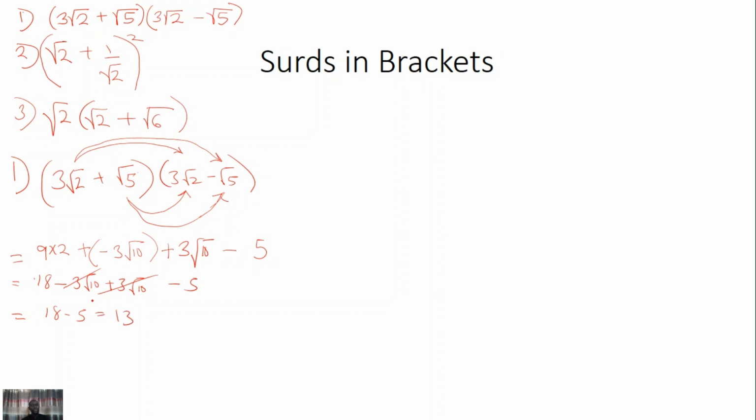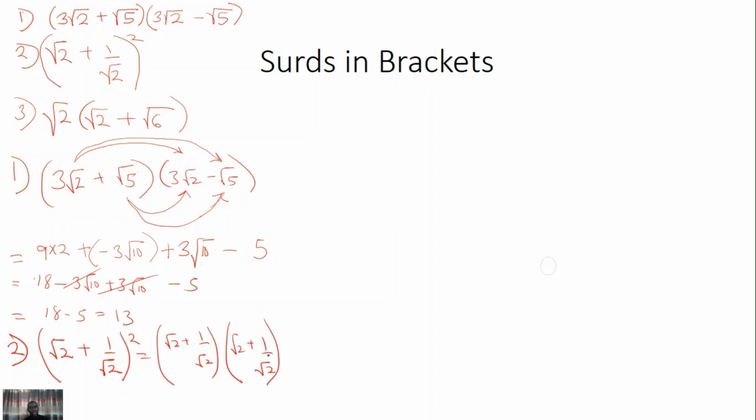Okay. Now let's go to exercise number 2. Let's do it as an example. Exercise number 2 is root 2 plus 1 over root 2, squared. Okay. And we know this can be written as root 2 plus 1 over root 2, times root 2 plus 1 over root 2, right?